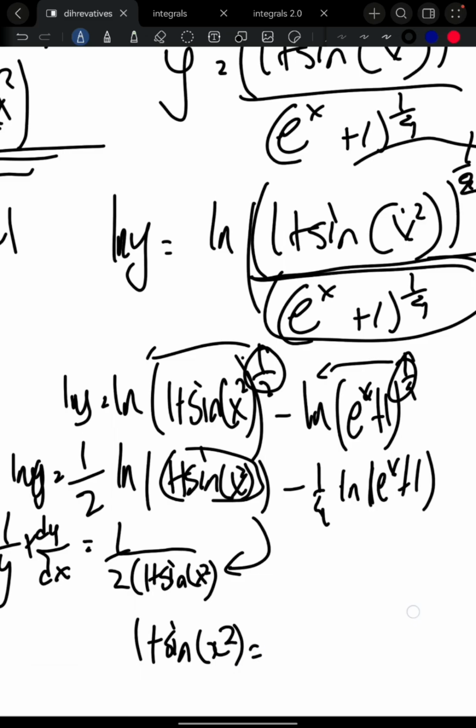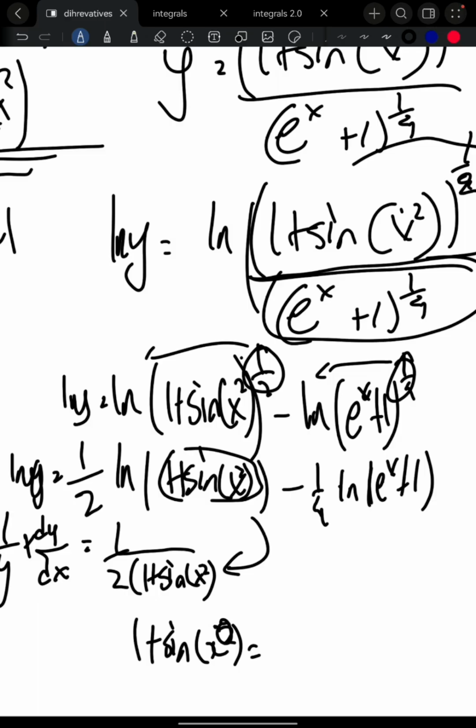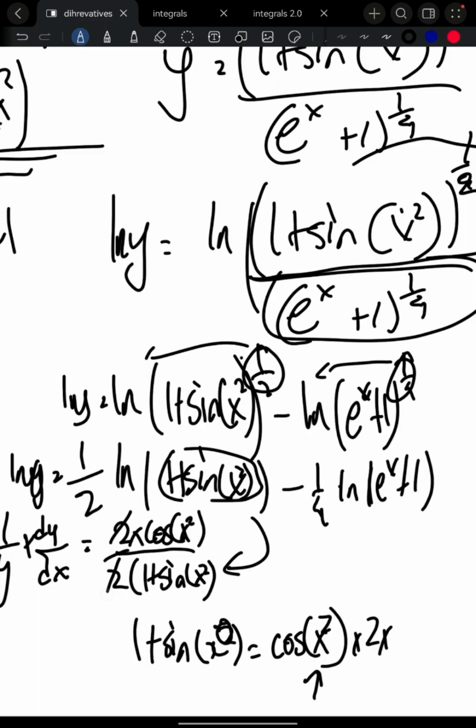So it's going to be cosine x squared, right? And then you times the derivative of the inside, which is 2x. So in the end, it's going to be 2x cosine x squared, and 2 and 2 cancels.